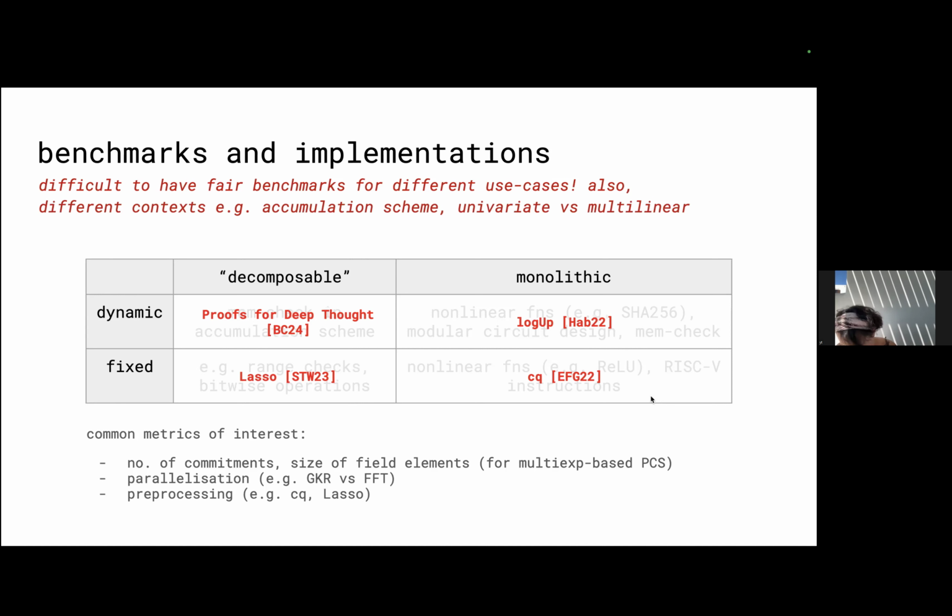And as we mentioned previously, lookups in the context of virtual machines are used to reduce the cost of non-native instructions like bit operations or SHA-256 or nonlinear functions. And they're also related to the memory checking arguments that are used in virtual machines.